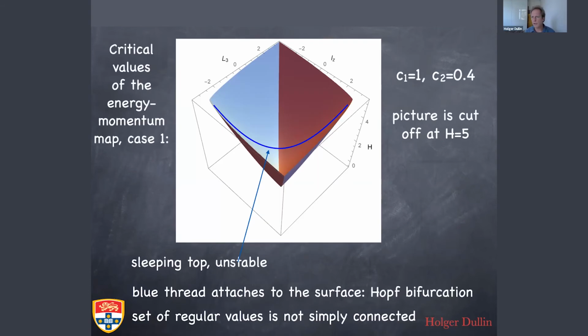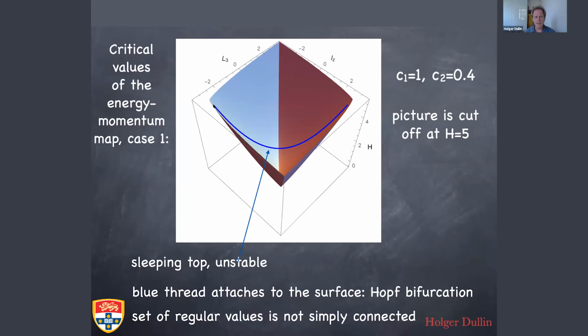So I'm showing you now pictures of the image of this map, and in particular, I'm showing you the critical values of this map. So where we have rank 2 or rank 1. Rank 1 is this blue line. That's part of the rank 1 points. And these are unstable sleeping tops. This line joins this bounding surface, which we cut off at the top here, at these points.